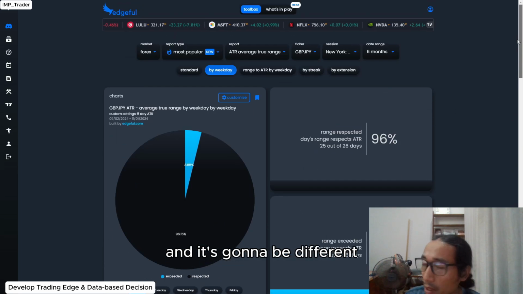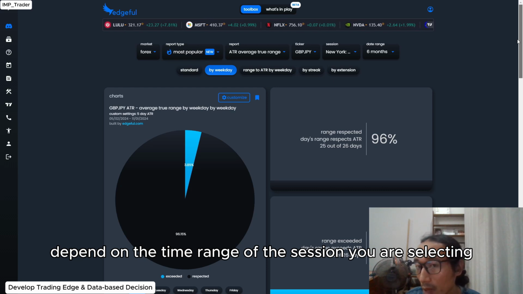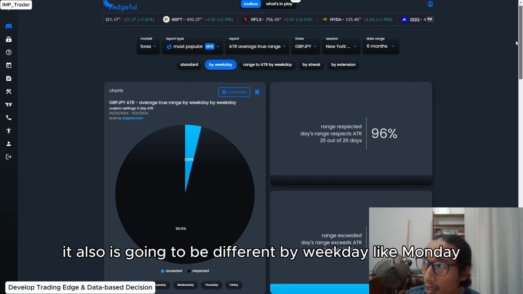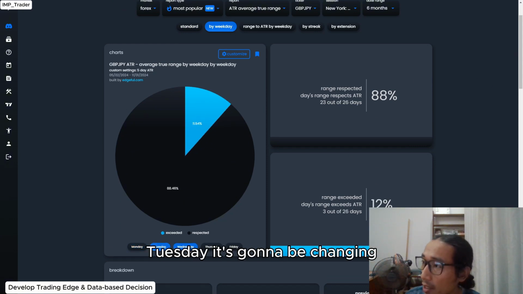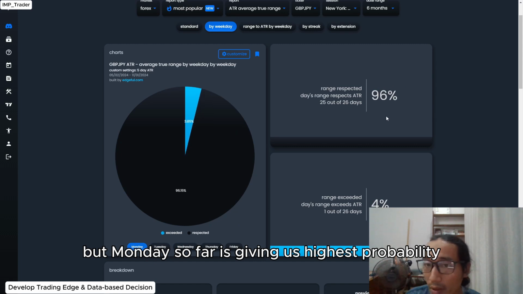And it's going to be different depending on the time range of the session you are selecting. It also is going to be different by weekday, like Monday, Tuesday. It's going to be changing. But Monday so far is giving us the highest probability.